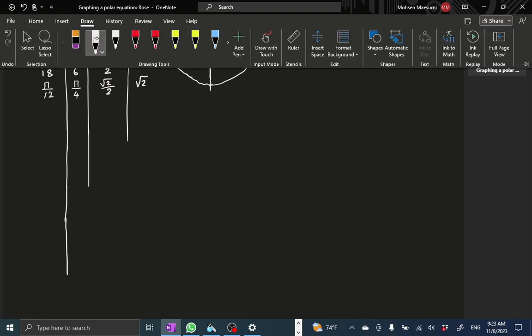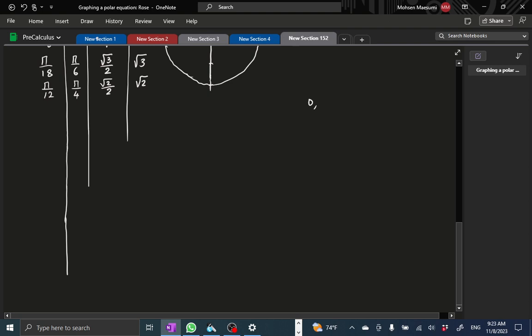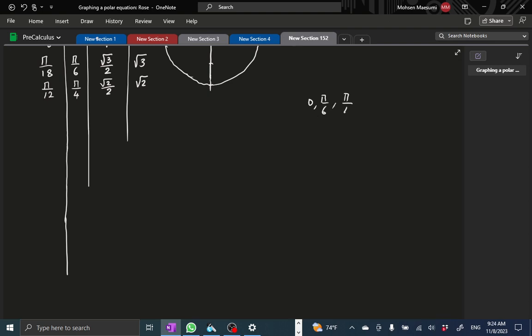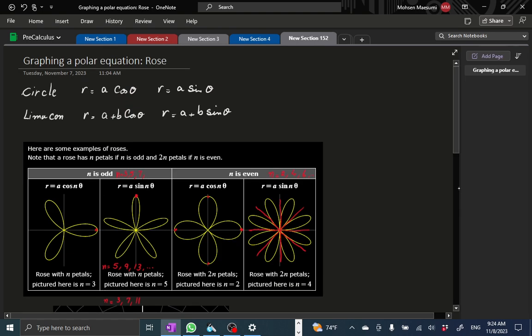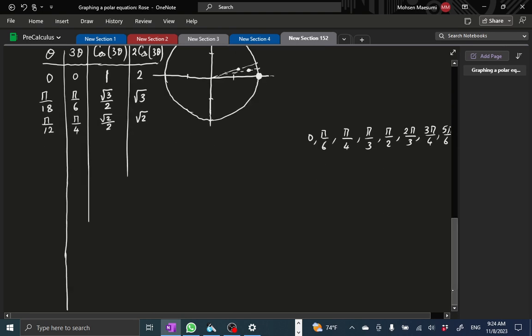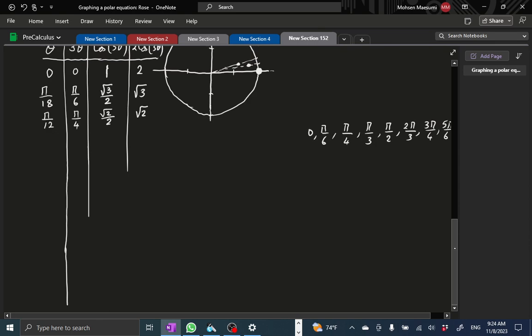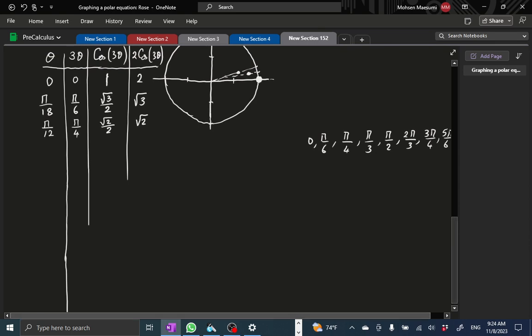So perhaps the better way of doing this: here are the famous angles 0, pi over 6, pi over 4, pi over 3, pi over 2, 2 pi over 3, 3 pi over 4, 5 pi over 6, and pi.